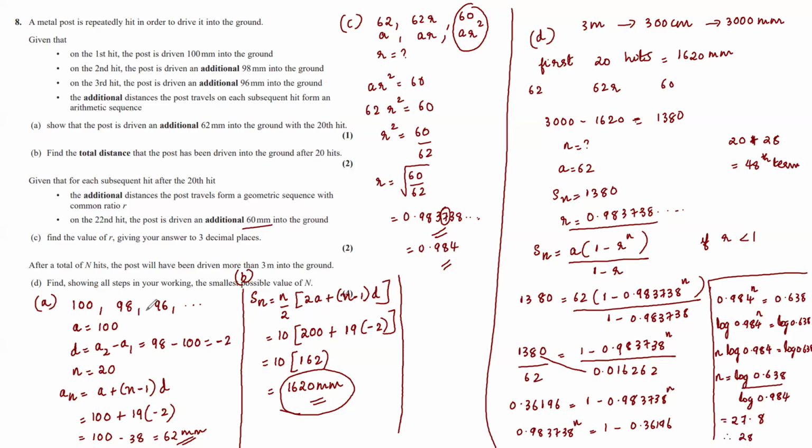So we started with the nth term formula for the A part, then the sum of n terms for the B part, and we framed the geometric sequence and found the common ratio R. Then using that geometric sequence, we used the sum of n terms to get the value for n, the number of terms. So altogether 20 terms from the arithmetic sequence and 28 terms from the geometric sequence add up to 48 terms. So after 48 hits, the post will reach 3000 millimeter or 3 meter.